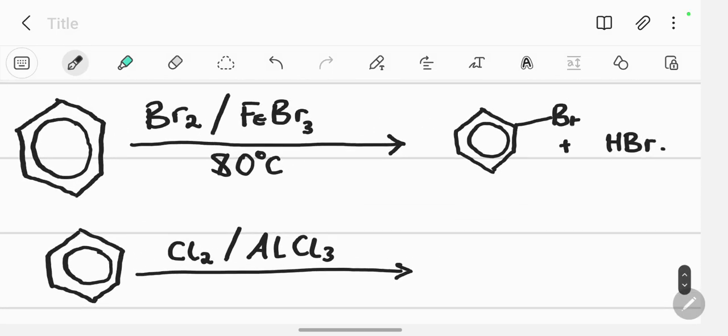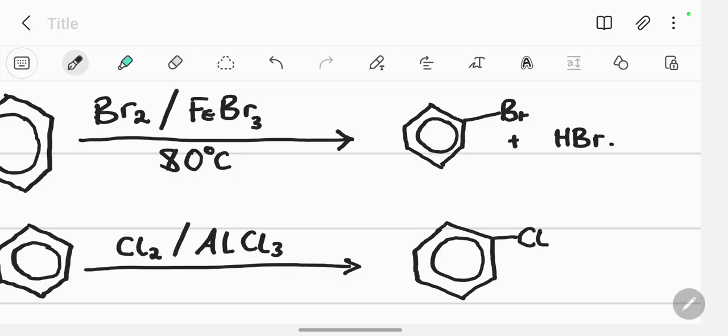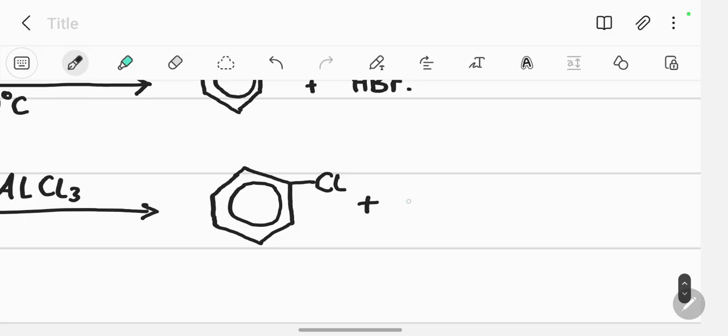These ones are Lewis acids, and this is one of the importances, that aluminium chloride and the ferric chloride. End up with chlorobenzene plus hydrogen chloride.